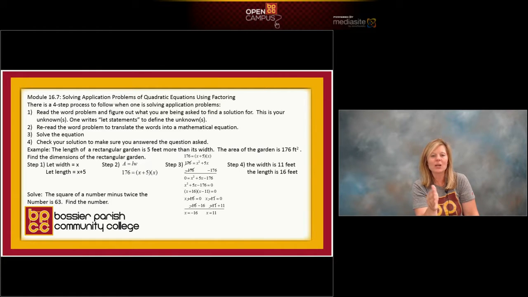Let width equal x, so the width would be 11 feet. Let length equal x plus 5, so the length would equal 11 plus 5, which would be 16 feet. And that's your answer. The length is 16 feet, the width is 11 feet, and yes, if you multiply that, the area would be 176 feet squared. Let's go to the board.